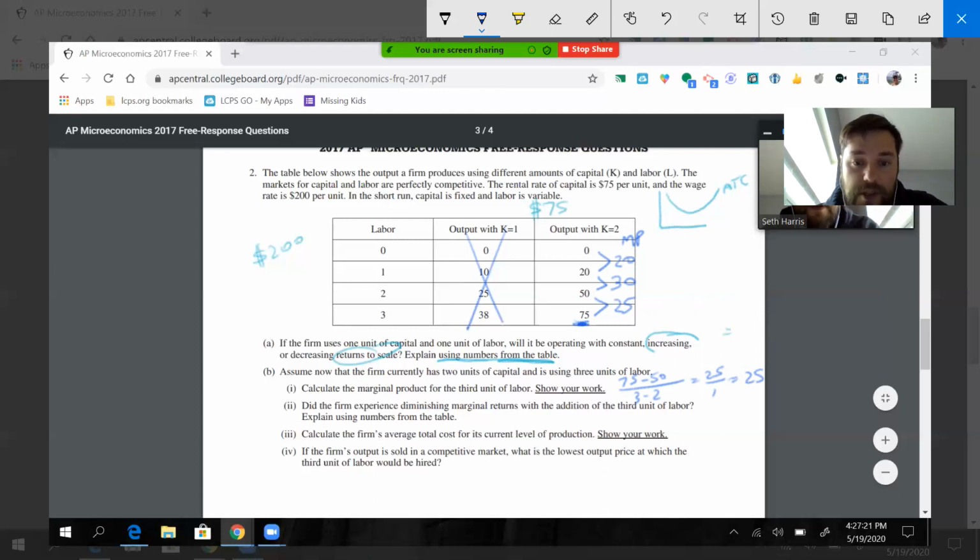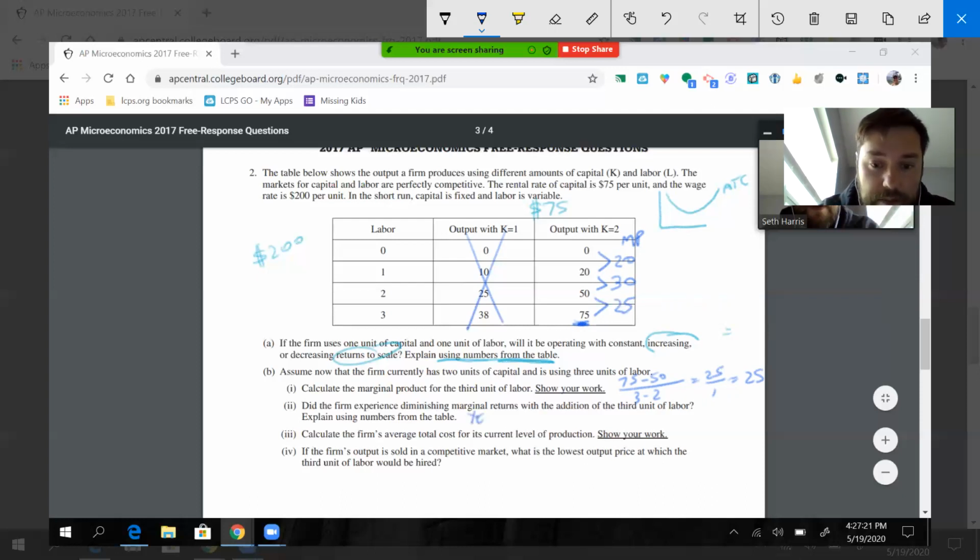Okay, part 2. Is the firm experiencing diminishing marginal returns with the addition of the 3rd unit of labor? Explain, again, using numbers from the table. When we had the 2nd worker, our marginal product was 30, and then when we went to the 3rd, our marginal product was 25.